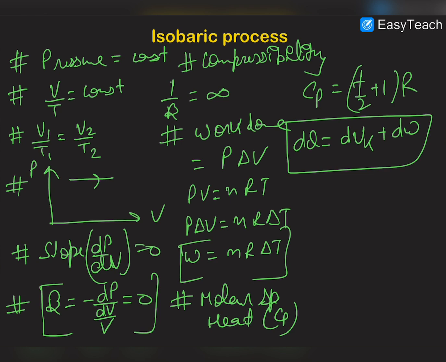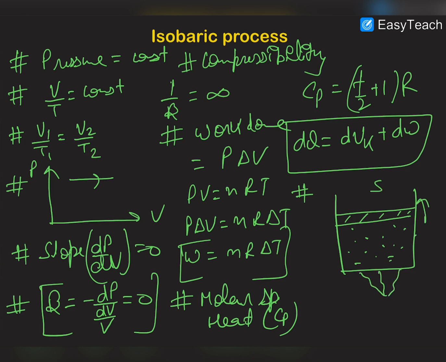The example of this isobaric process can be a piston having a gas enclosed in a cylinder, and it is being heated, and this piston is moving slowly in the upward direction.